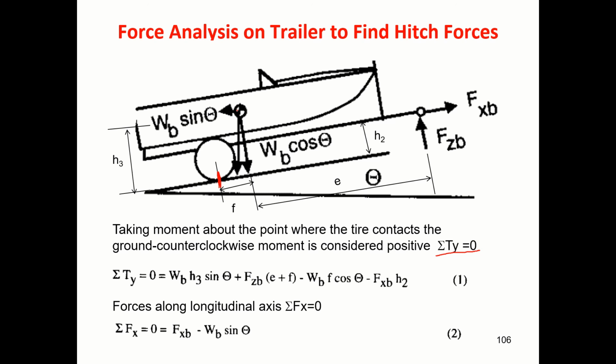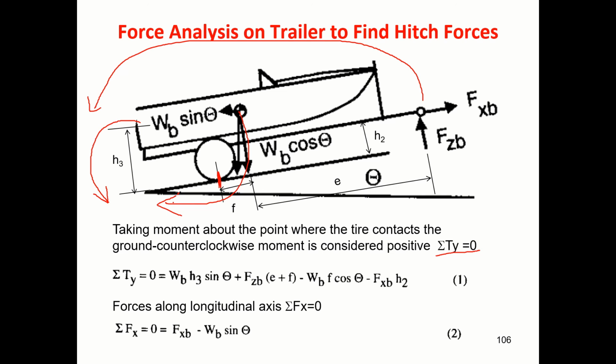This is WB sin theta multiplied by H3. This is a clockwise moment. FZB is at a distance E plus F, also counterclockwise. Then WB cos theta into F, this is clockwise.